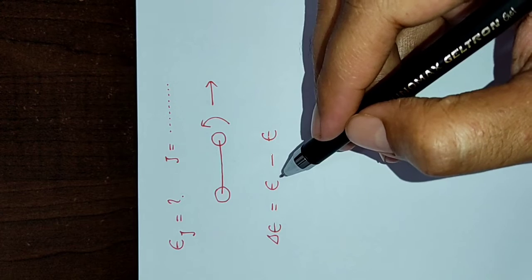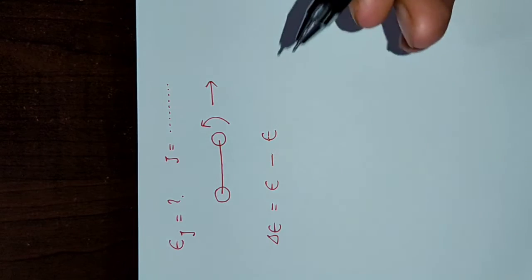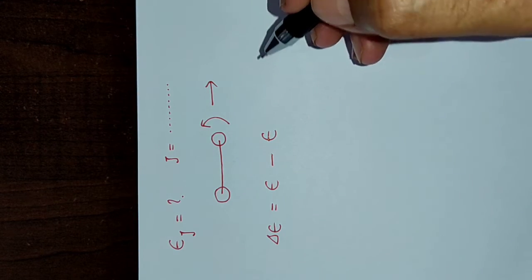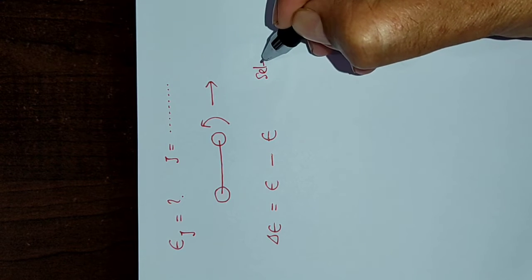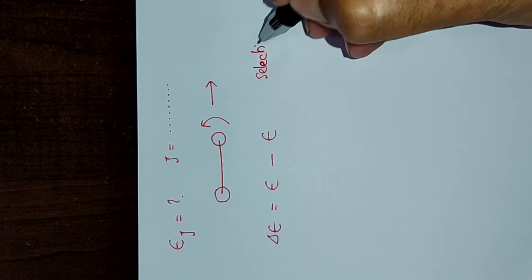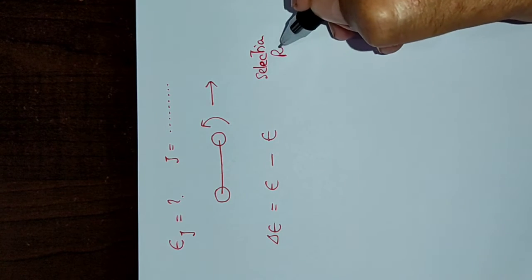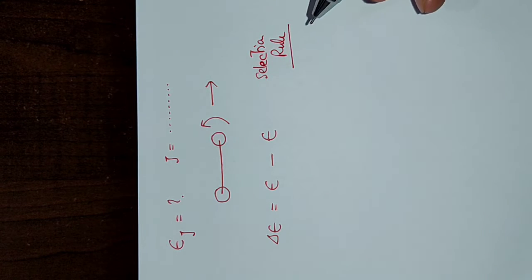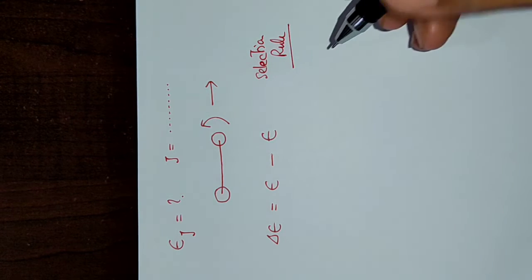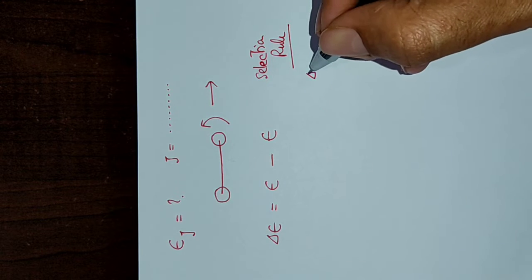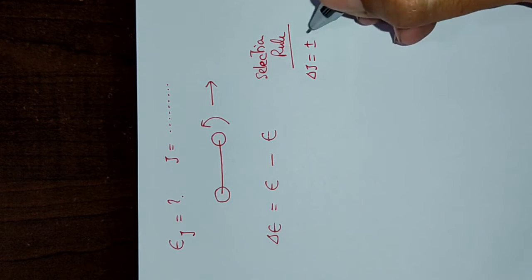Now, what value we should put here? That will be guided by the selection rule, which I have already discussed. For this rigid rotor case, del J will be plus minus 1.